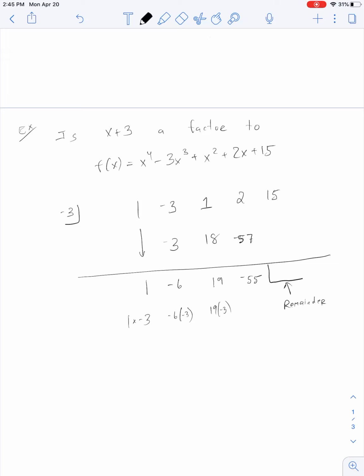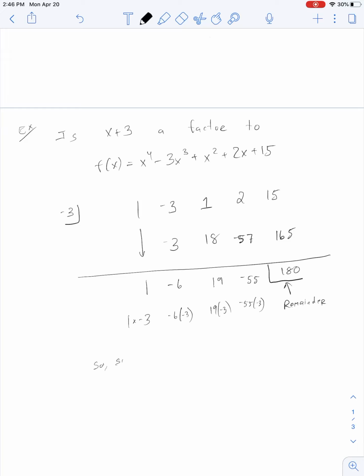And then we multiply again, -55 and -3. Now we multiply -55 by -3. That gives us a 165, which goes up here. We add those. And we see that we get a remainder of 180.